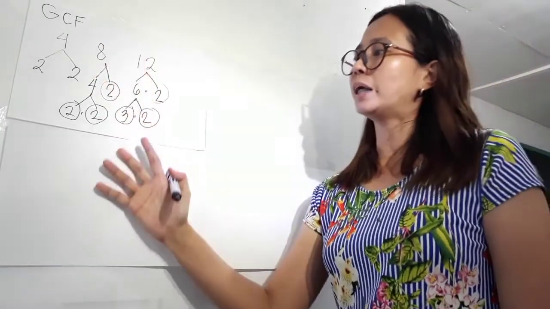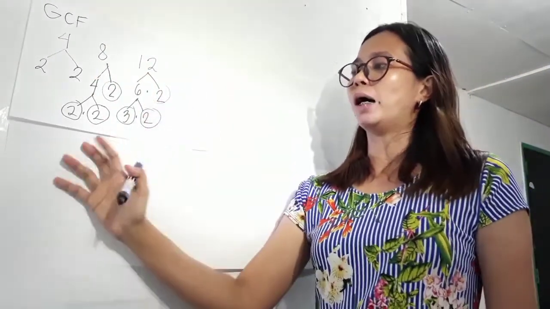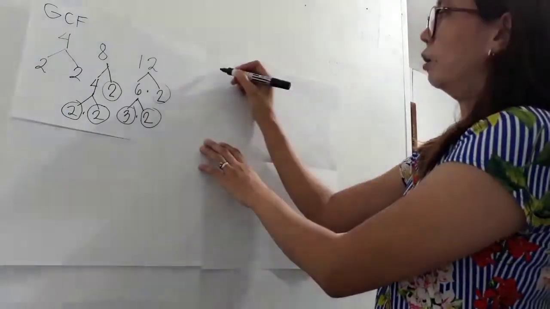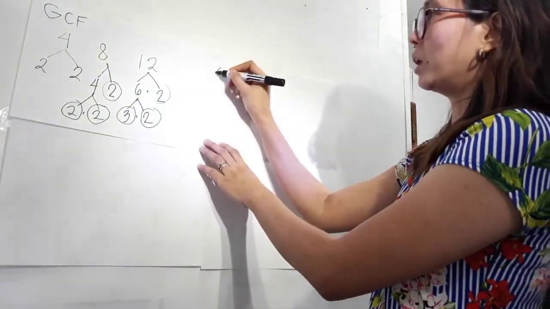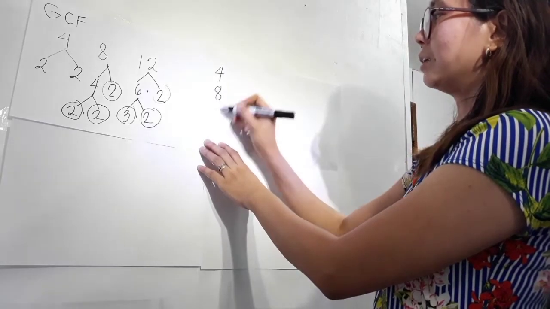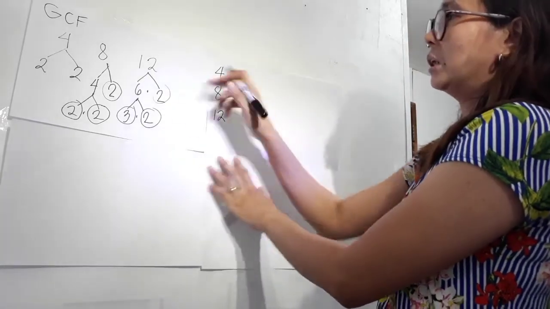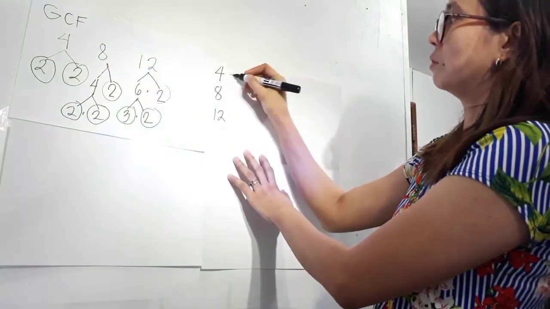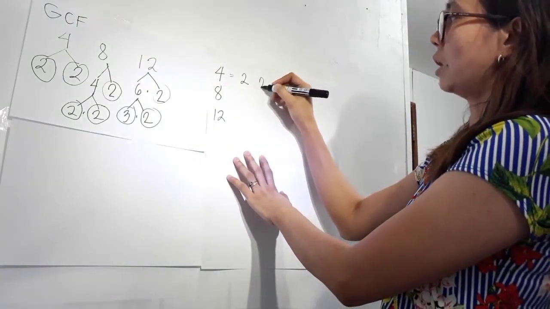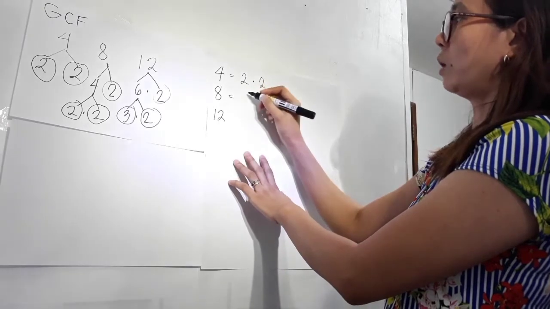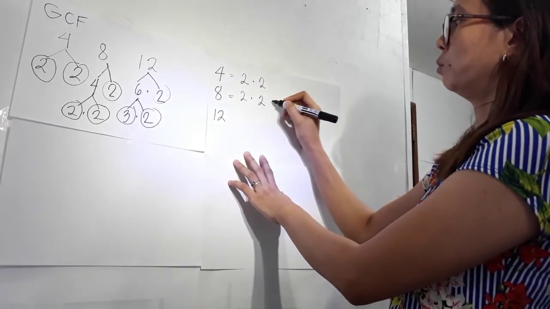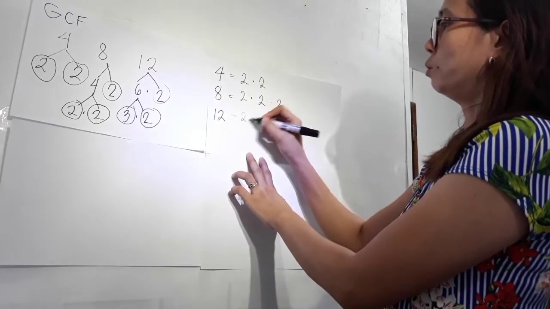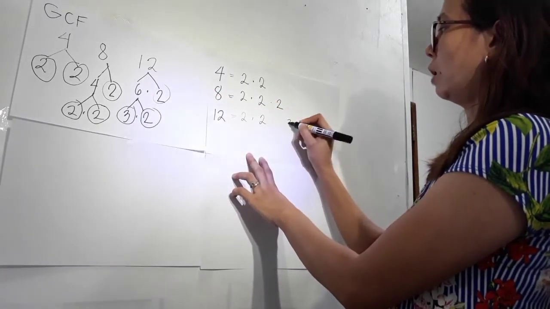So this time, let us list down those factors. We have 4, 8, and 12. The factors that you got: for 4 we have 2 times 2, for 8 we have 2 times 2 times 2, and for 12 we have 2 times 2 times 3.